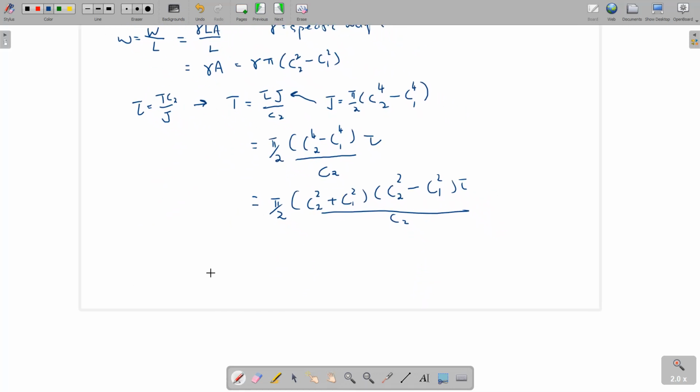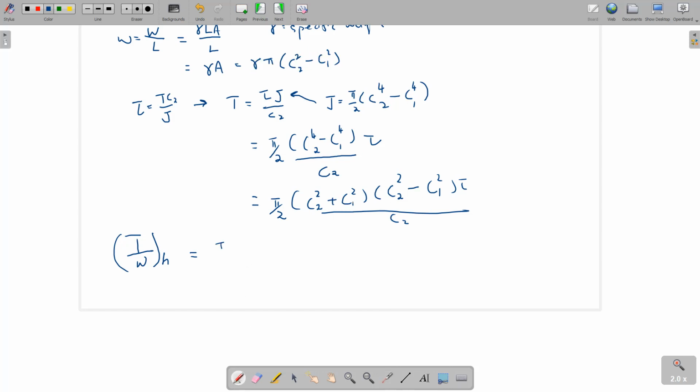Now it is the time to take the ratio of torque divided by weight per unit length, and this is the case for hollow shaft. So if I'm going to do this, basically I'm going to take these equations divided by these equations.